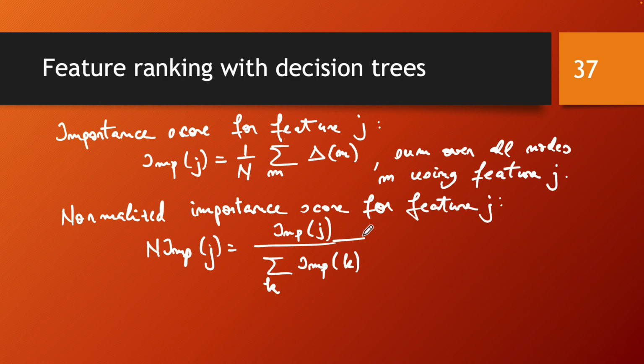That's it. As you can see, it's already built into decision trees. The impurities are easy to calculate once you have the decision tree.